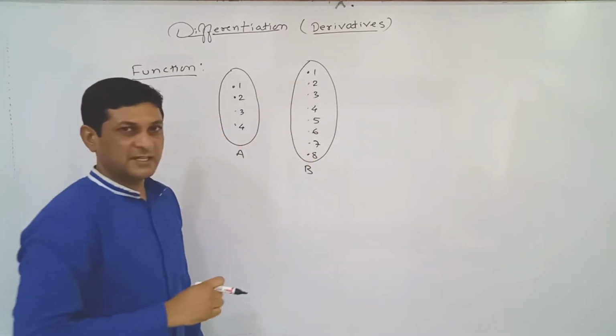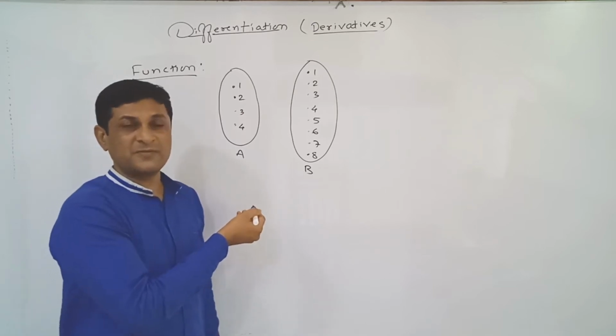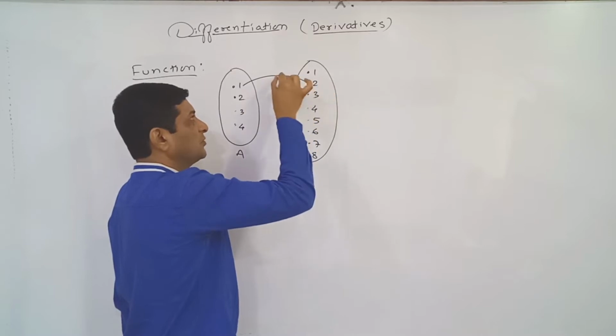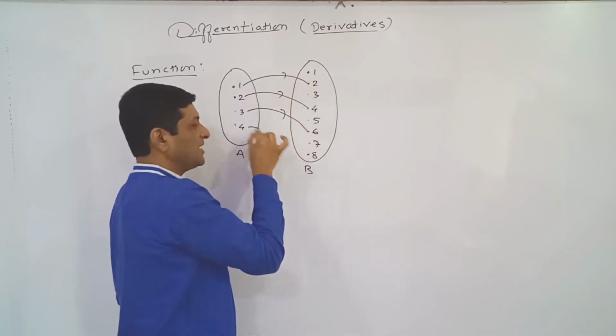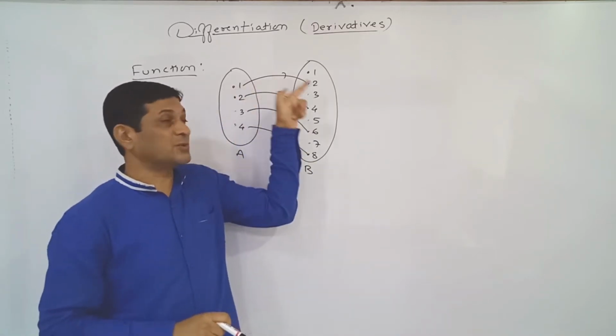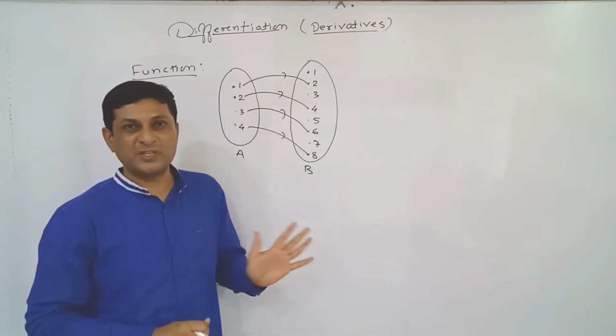Let 8 elements be there in set B. Now, since we have considered one very simple example, we are supposing that 1 is related with 2, 2 is related with 4, 3 is related with 6 and 4 is related with 8. Or in other words, we can say that 1 is associated with 2, 2 is associated with 4, 3 with 6 and 4 with 8.